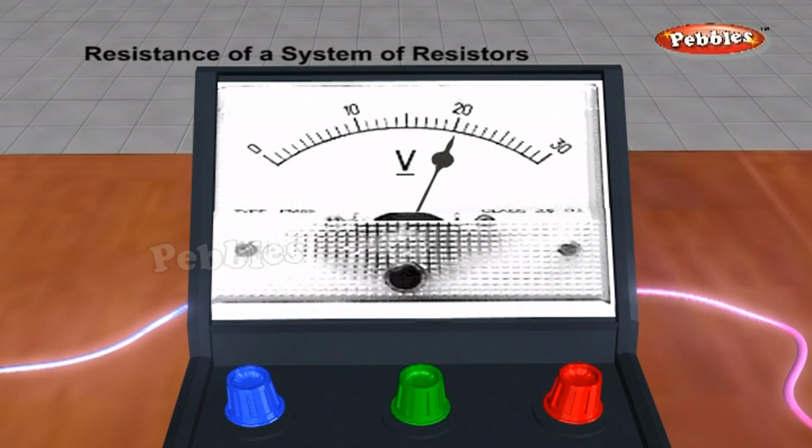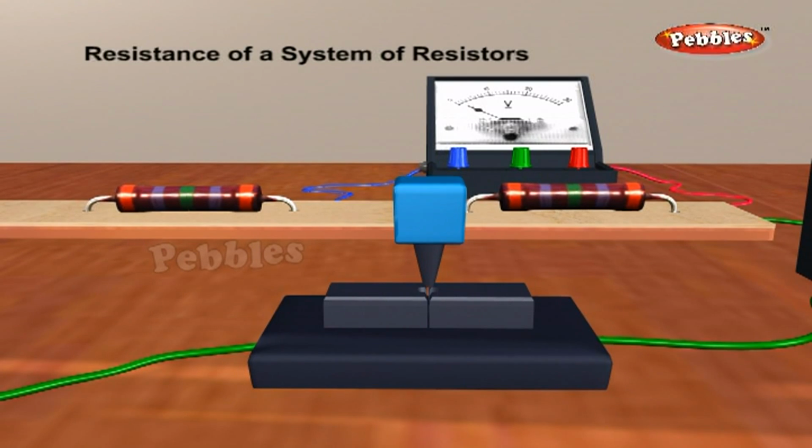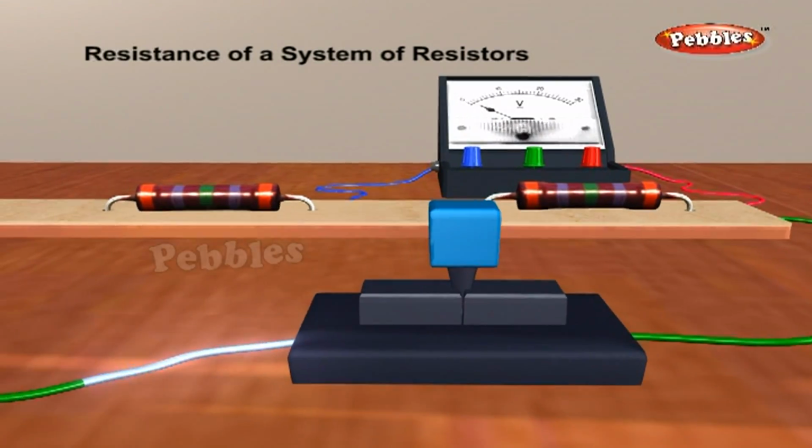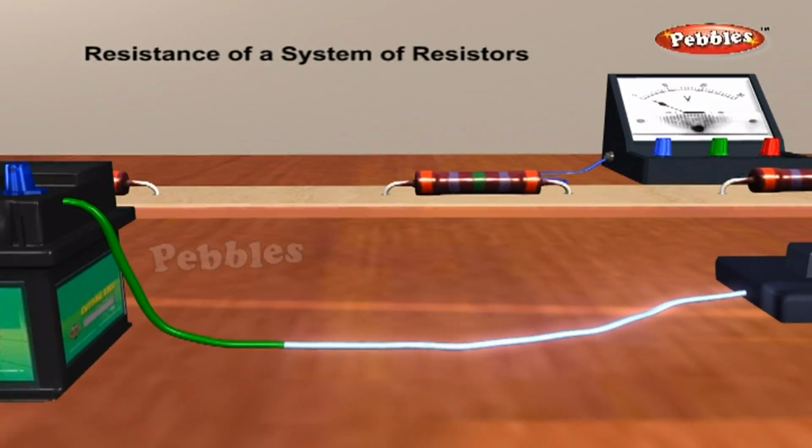Activity. In the previous activity, insert a voltmeter across the ends X and Y of the series combination of three resistors. Plug the key in the circuit and note the voltmeter reading.